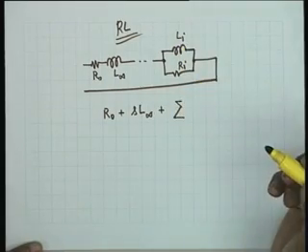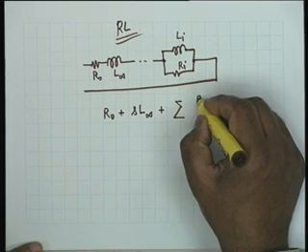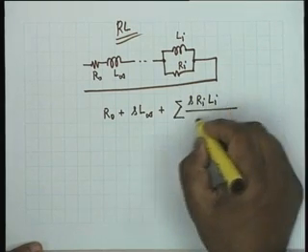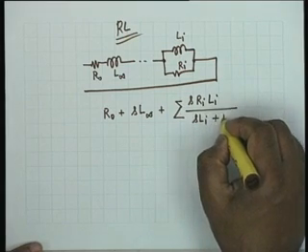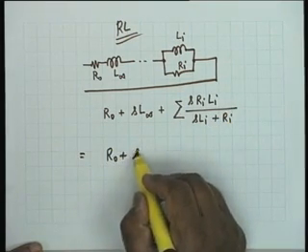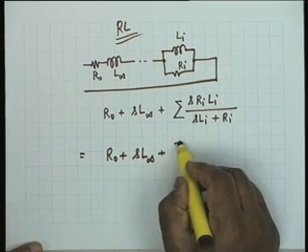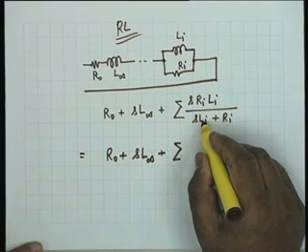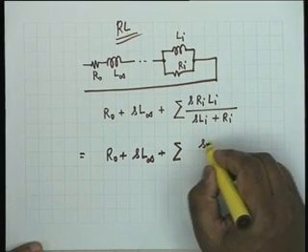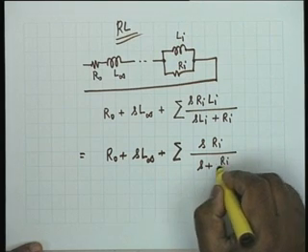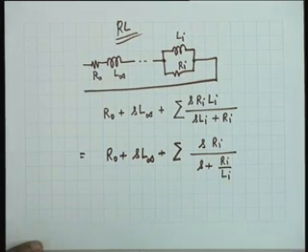The equivalent of this is Ri S Li divided by S Li plus Ri, which I can write as R0 plus S L infinity plus summation. If I take Li common from here, then I get S Ri divided by S plus Ri divided by Li. Okay, so far so good.